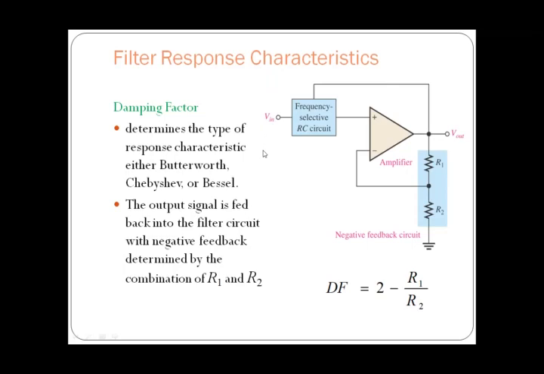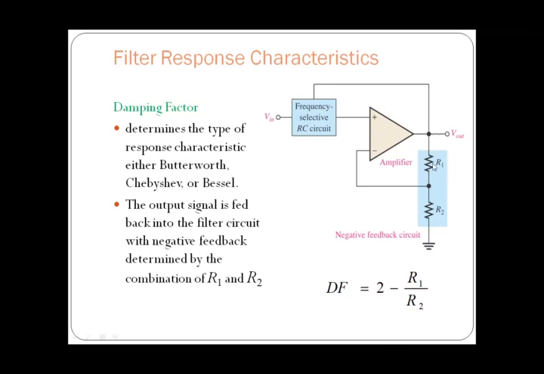Here you can see a frequency selective RC circuit, that is nothing but a filter. It may be a low pass filter or a high pass filter. The signal is given to this frequency selective network, and the feedback is also provided to this network, and then we give this to an operational amplifier, which is going to act as a non-inverting amplifier.